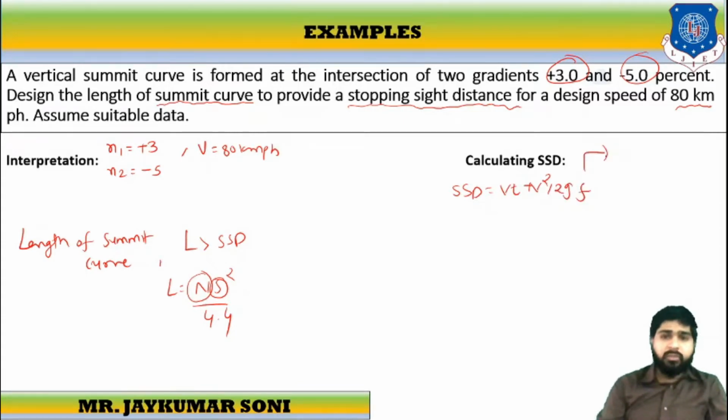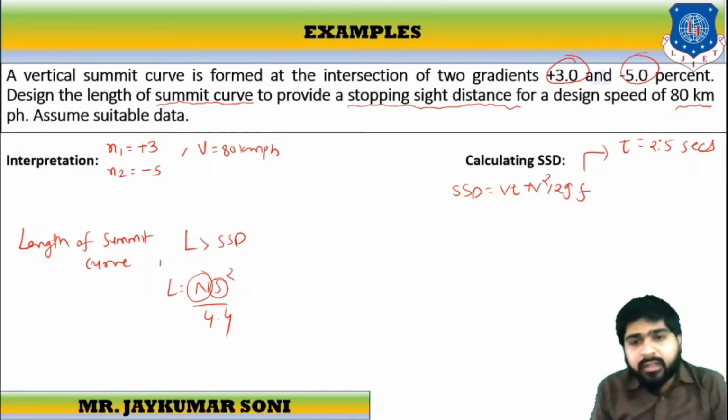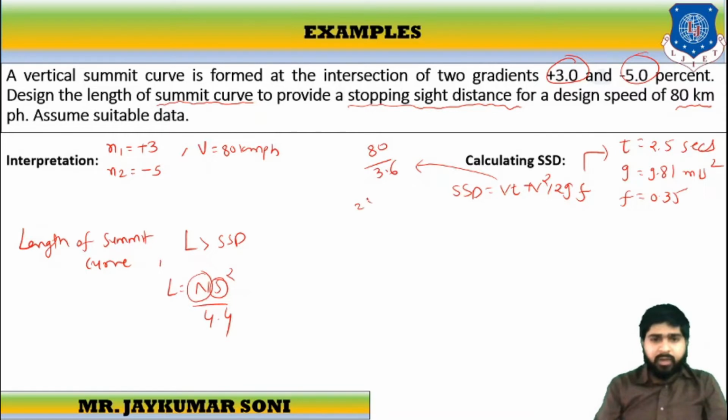Now let us assume that t equals 2.5 seconds, g is fixed at 9.81 meter per second square, and let us assume f as 0.35. We already have the value of V, but we have to convert it into meter per second, so this will be 22.22 meter per second.